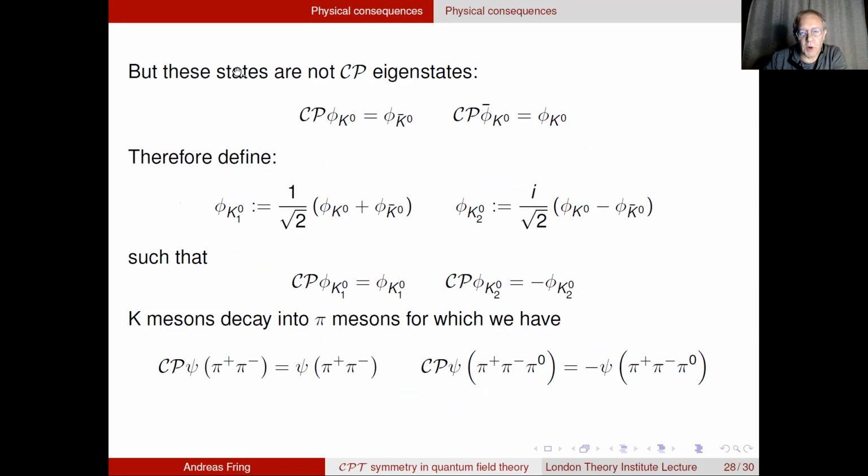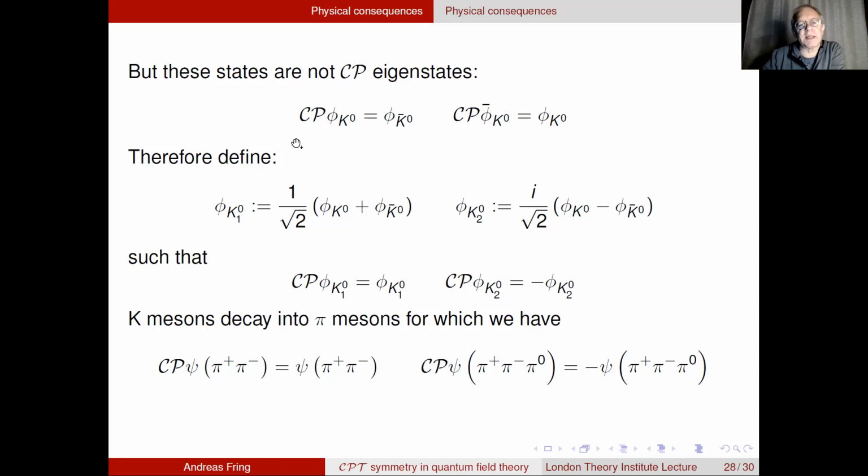Now, if you work out the CP action on these two fields, you will find that they are not eigenstates of the CP operator, because CP changes the wave function of K0 to the wave function of K0 bar. And in reverse as well: CP acting on phi K0 bar gives you phi K0.